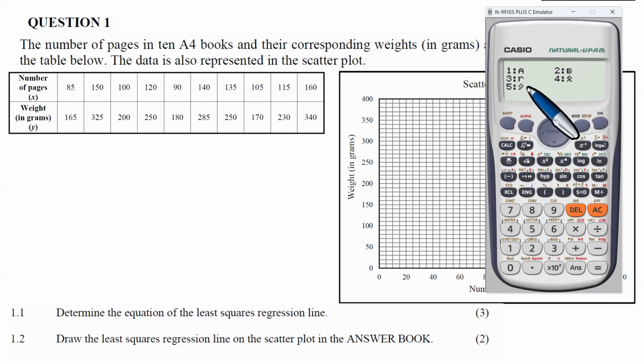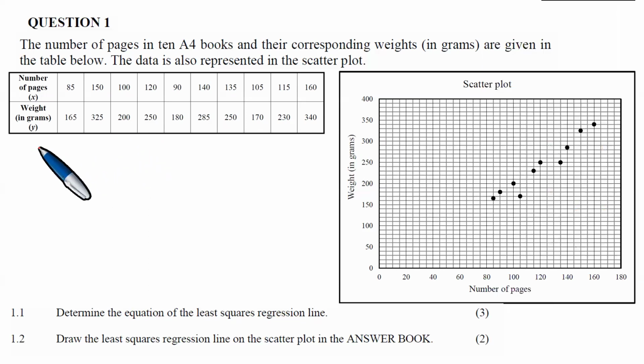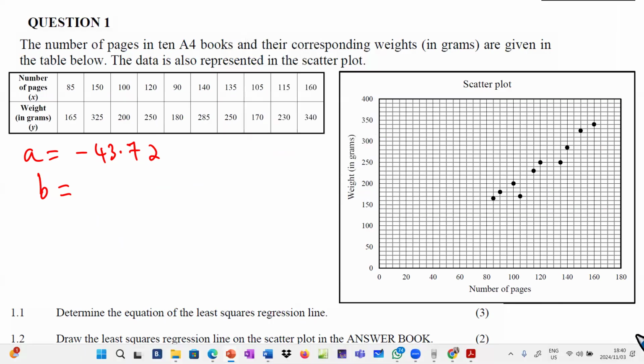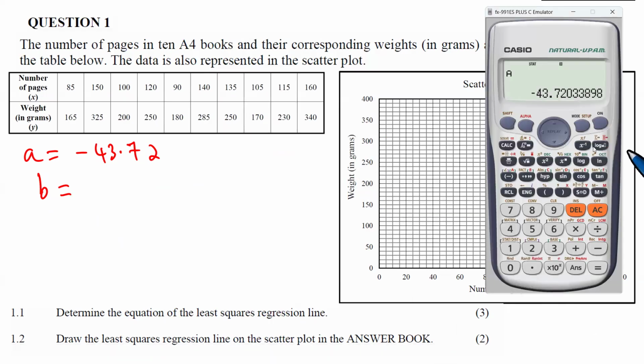For instance, we need A first, that is 1. A is minus 43.72. Now let's do B.